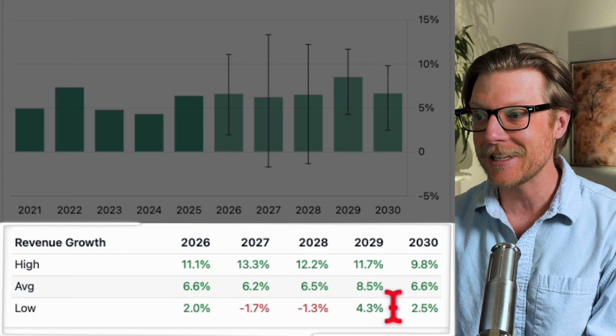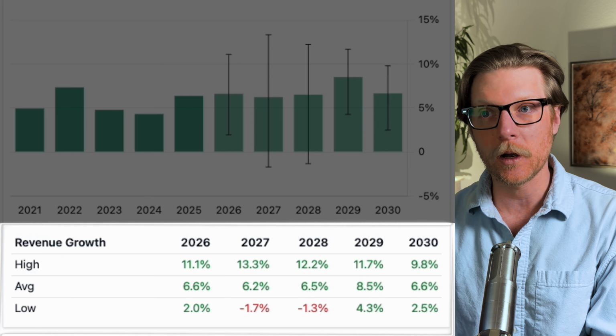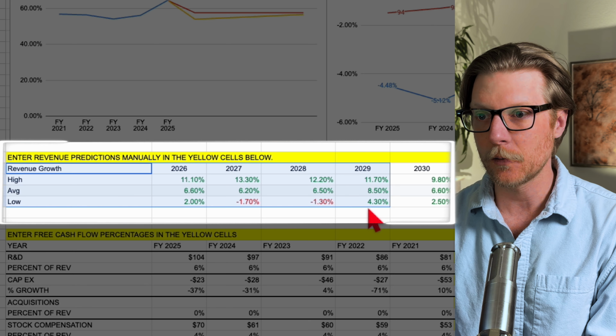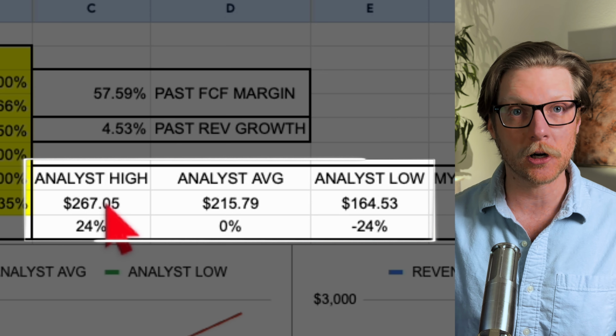If I copy this table showing the lowest to the highest and the average as well, I can paste that information into my spreadsheet in this section right here, and that gives me a range of possible returns on my investment.